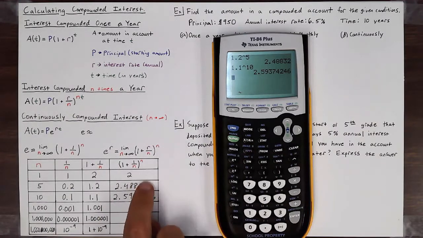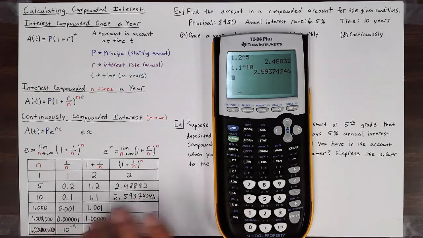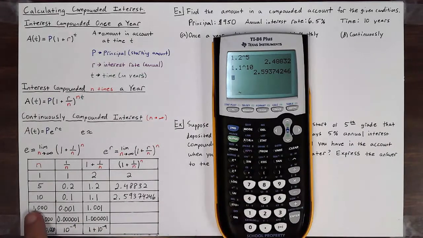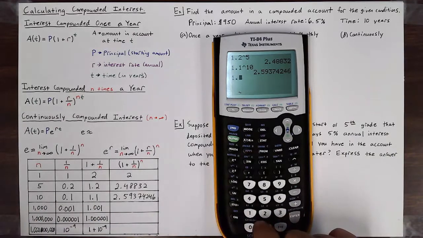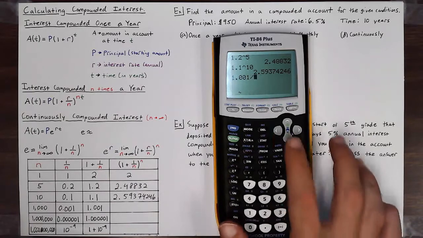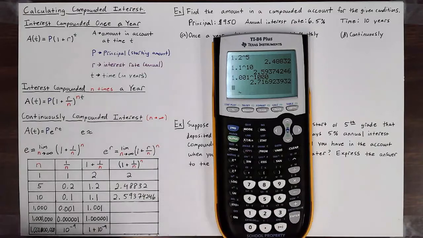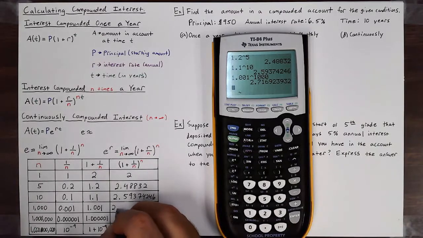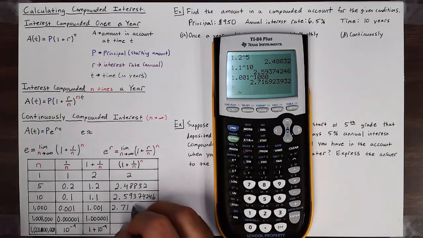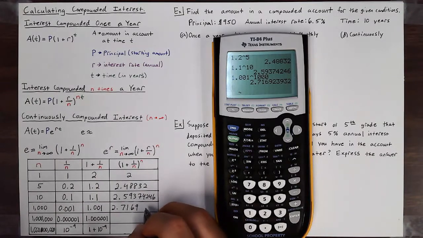But it didn't go up as much as it did before, so it kind of gives you the idea this is going to start to flatten out, or at least go up very slowly. But we'll see. Let's plug in n is 1,000, so we'll have 1.001 to the 1,000th power, which gives me 2.716923932.